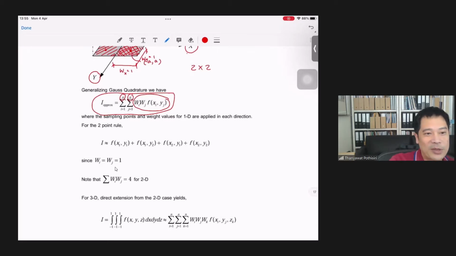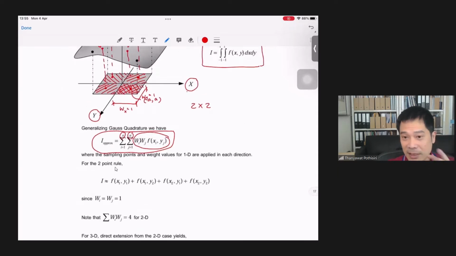Now, for a 3-dimensional case, it would look a bit more complicated because you can think of it in terms of 3-dimensional physical computation of volume, okay?